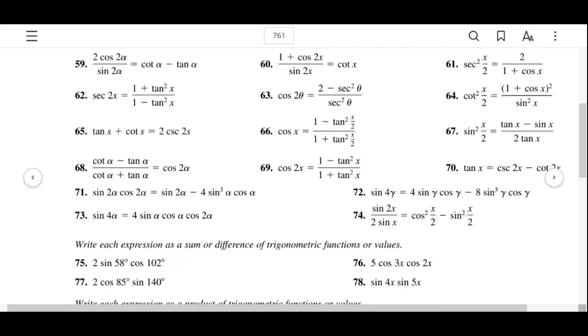So that's a one-step problem, right? After that, you're done.